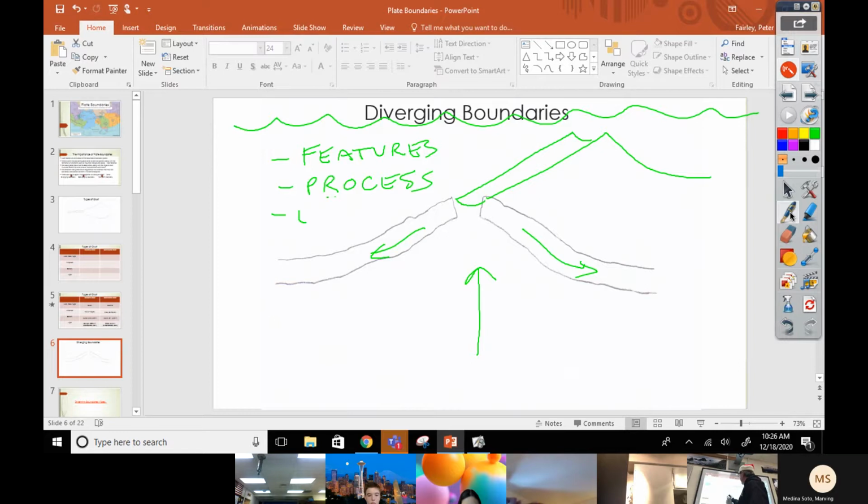And then the final thing is some examples. Our best example for this one is the Mid-Atlantic Ridge that goes all the way from Iceland almost to Antarctica. Another example, though, is the Red Sea. And another example is the Rift Valley of Africa, where the African continent is getting torn apart.